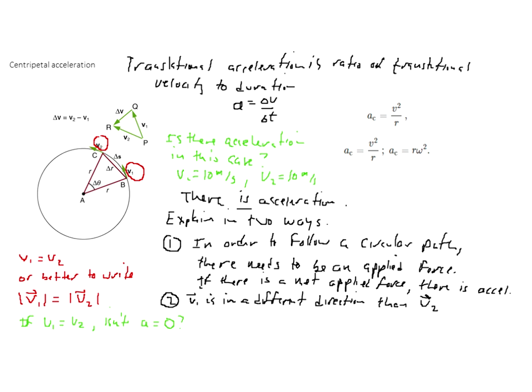So if the directions are different, delta v is different. So that means that the vector v1 does not equal the vector v2.